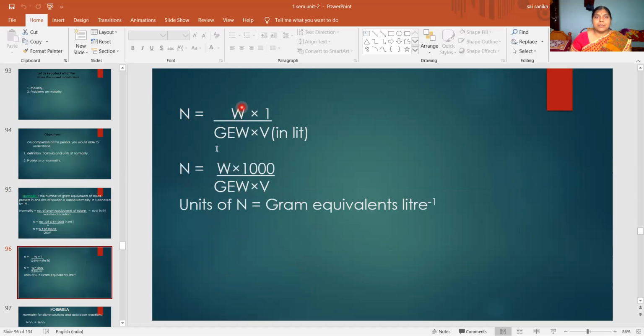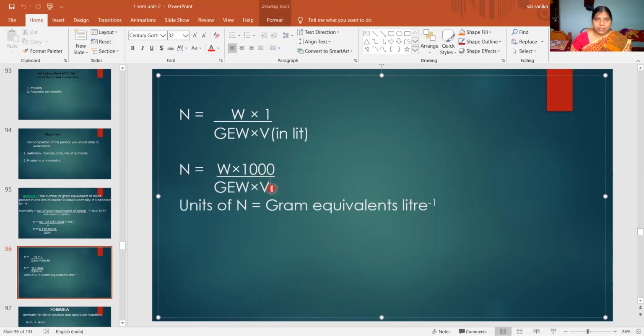N is equal to W by GW into 1 by V in liters, and N is equal to W by GW into 1000 by V, where volume is in ml.